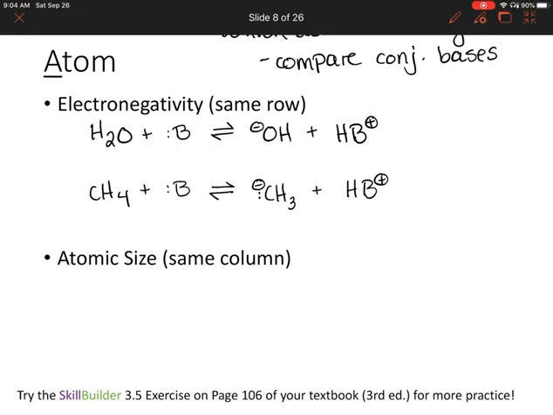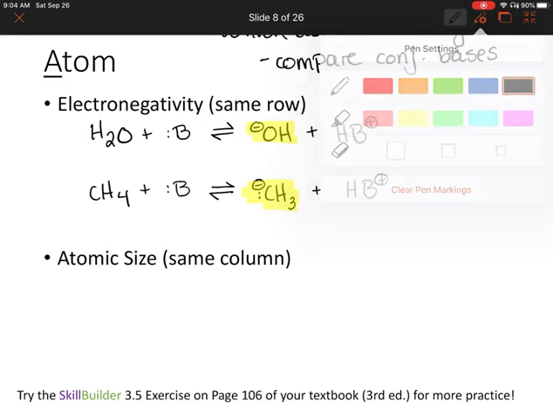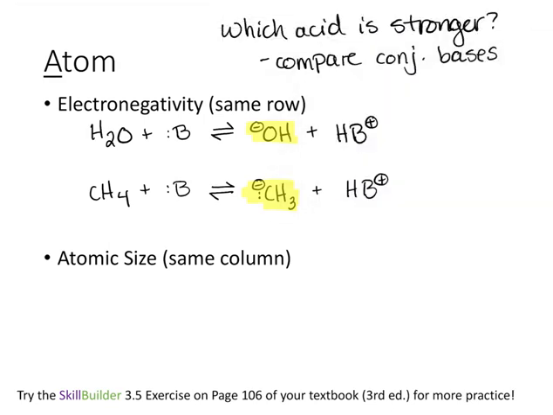So again, remember we're comparing the conjugate bases. Now, in this case, they both have the same charge. So now we're going to look at the atom involved in each molecule, or rather the central atom. Now, with the hydroxide ion, the main atom there is oxygen. And in the CH3 molecule, the main atom is carbon.